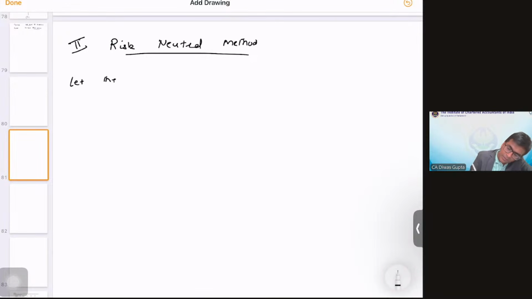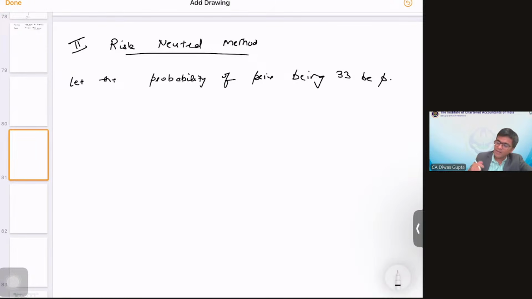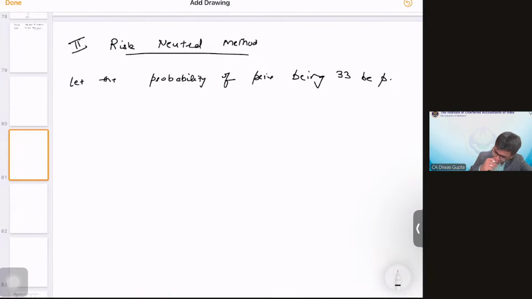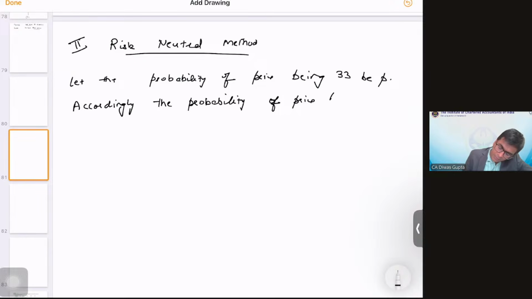Let the probability of price being 33 be P. Accordingly, the probability of price being 27 will be 1 minus P. Correct?